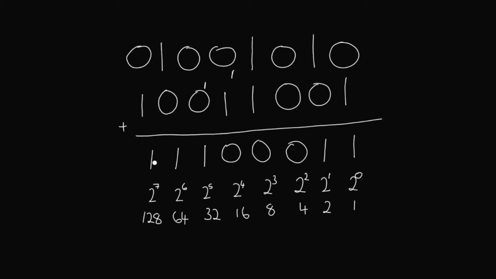So we can see here 1 is present in this column, so this would be the same as saying 128 plus something. So we look at our next column and we can see that 1 is present, so we have to add 64. And then if we go to our next column, we can see the number 32, so we need to add that also.